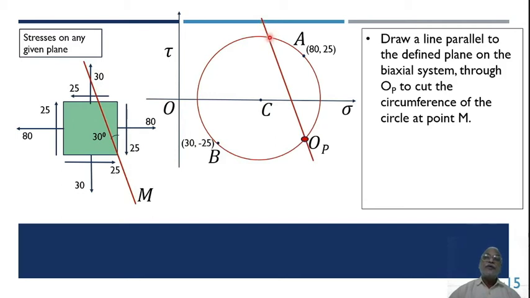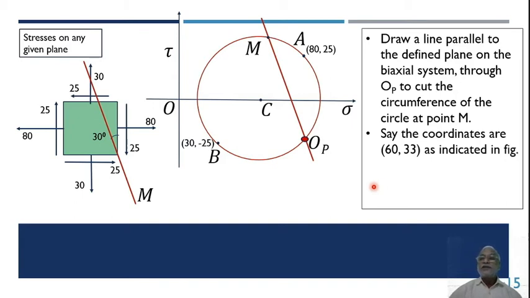Now here you have got a point. That point I am calling M, because the plane is M. The plane is represented by a point on the Mohr circle, so that also we'll call M. That is the point M. Now when you have a circle, obviously the coordinates are there, and let us say the coordinates are 60 and 33.